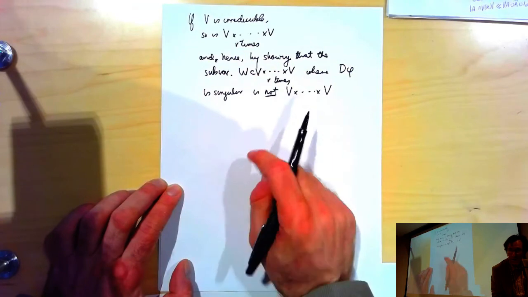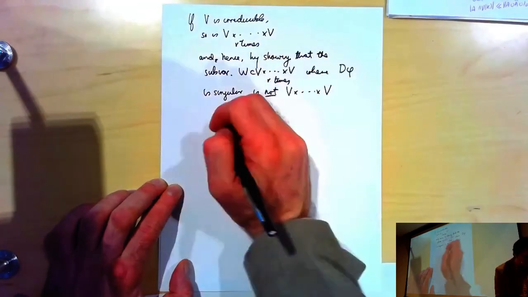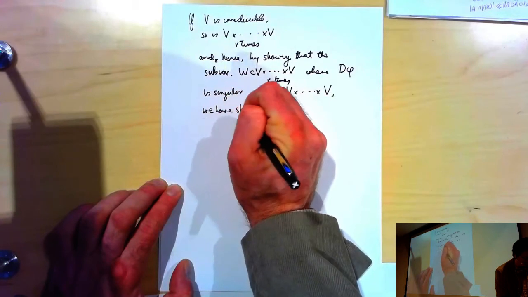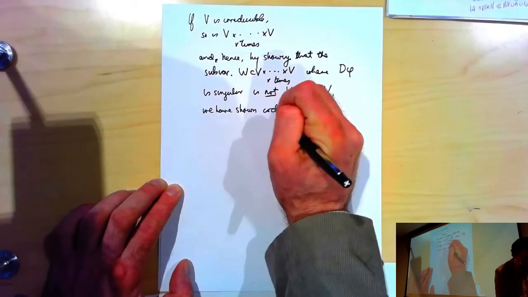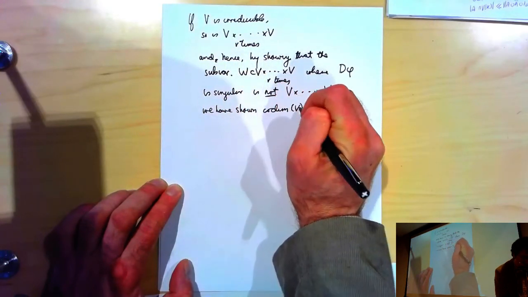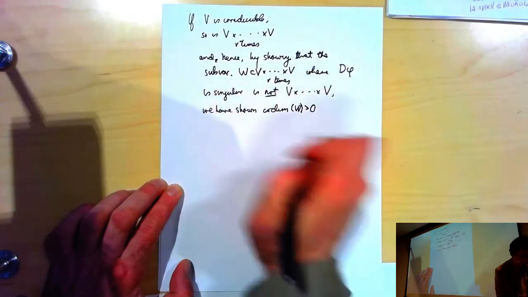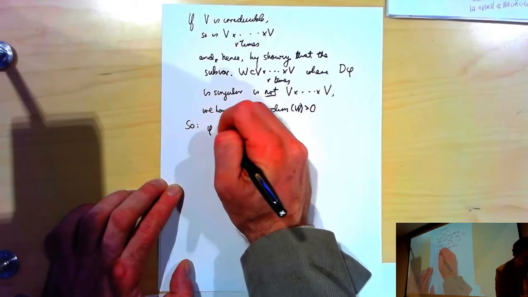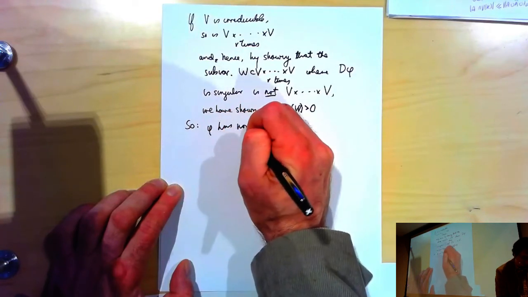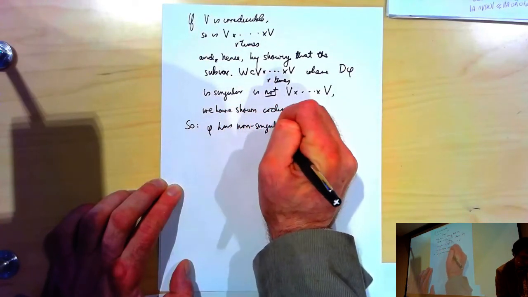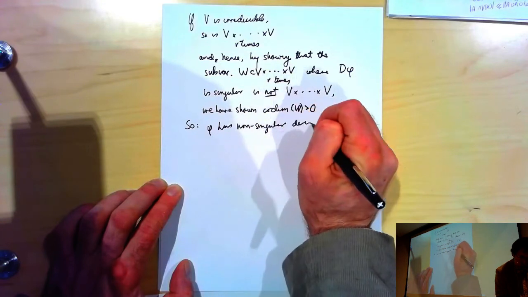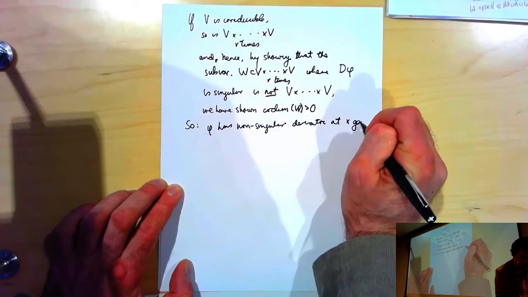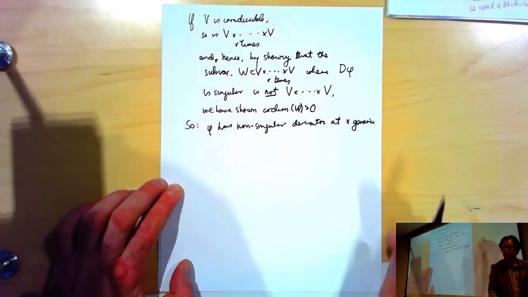That's what we have just shown. We have shown that the codimension of W is positive. In other words, this is the same as saying that phi has non-singular derivative at x generic for our specific choice of g1 up to gR.